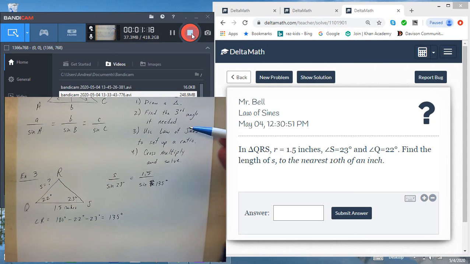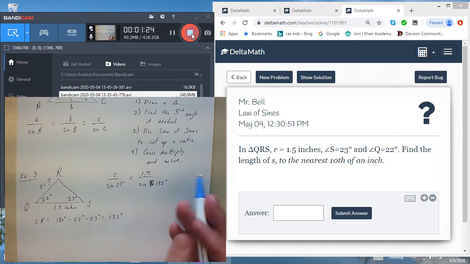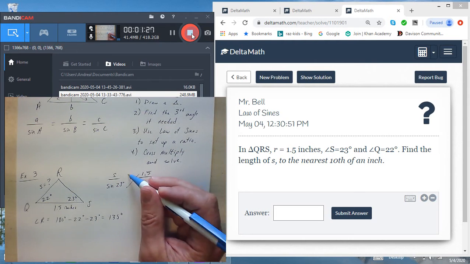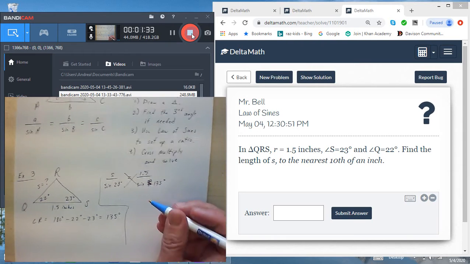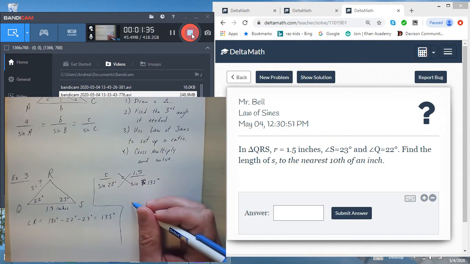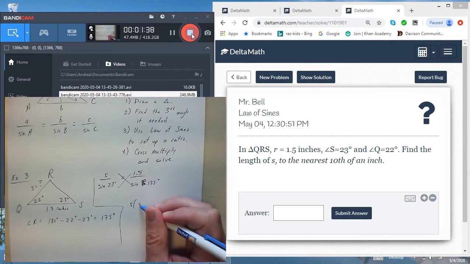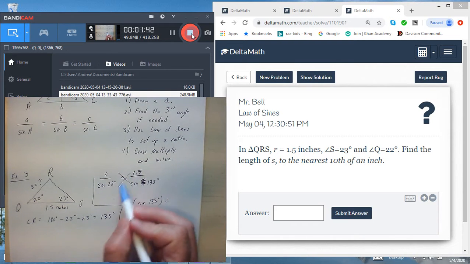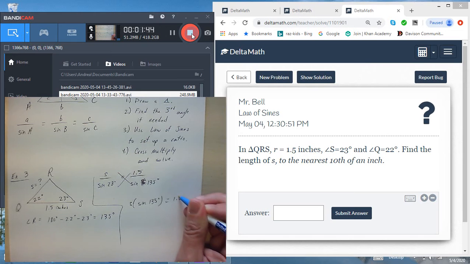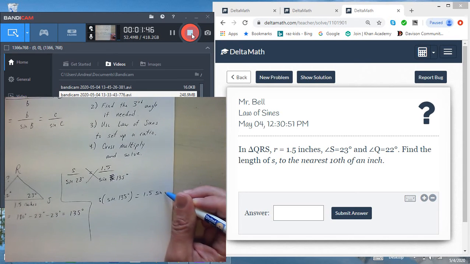Okay, so we just took care of steps 2 and 3. Now we're going to go ahead and cross multiply this and solve for the unknown side. Remember, cross multiplication is a good way to always get it out of fraction form when you have a fraction set equal to a fraction. Okay, so when we cross multiply, we're going to say S times sine of 135 and set that equal to the other product, 1.5 times sine of 23 degrees.